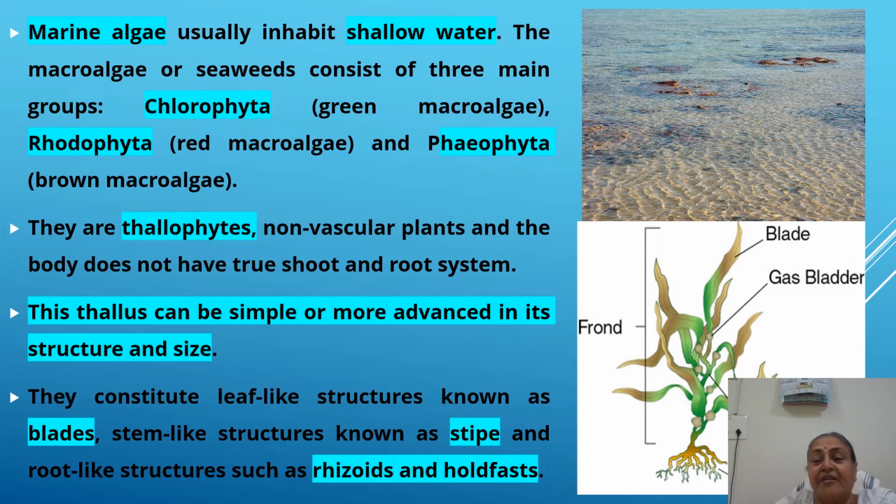They are exposed to the sea surface during low tides, and can be marked, studied and collected during that period in this shallow water, whereas otherwise they remain attached to the substratum at a depth of 300 to 400 feet, these red and brown algae, whereas the green algae are present on the surface of the sea and remain free floating or attached to the substratum.